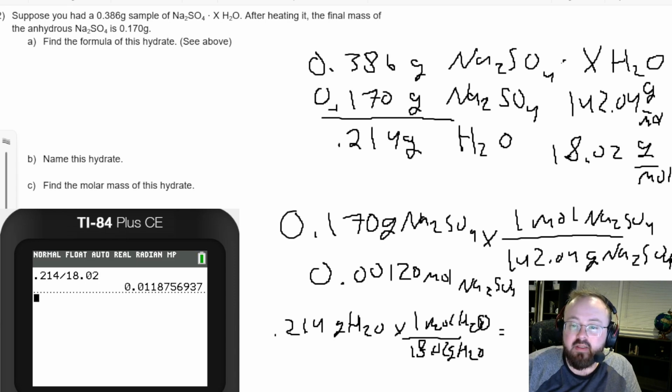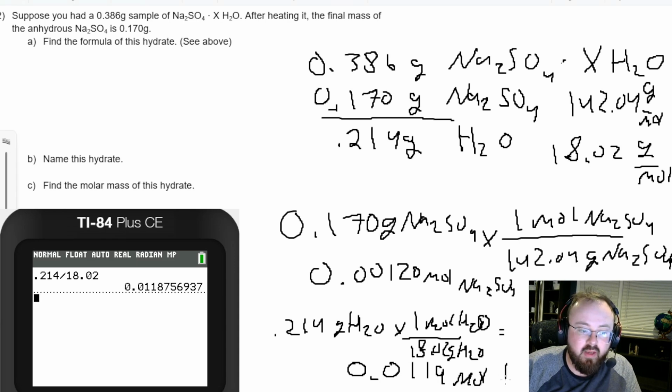This gives us 0.0119 moles of H2O. So all that's left now is to make a ratio of moles.